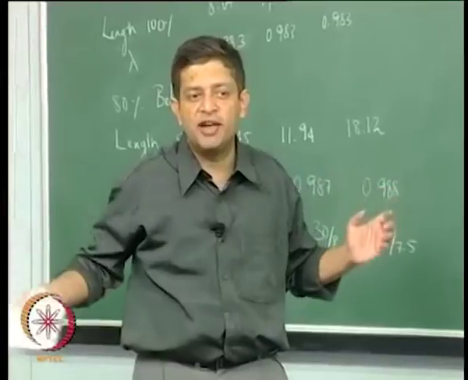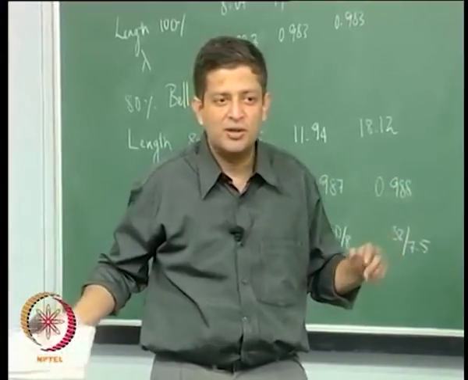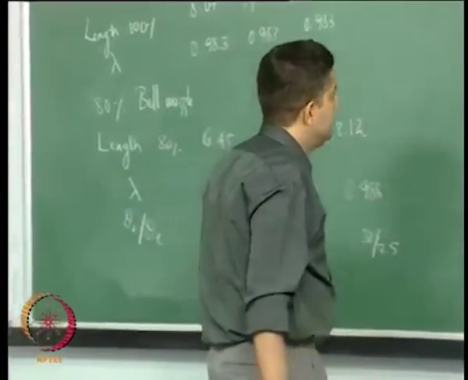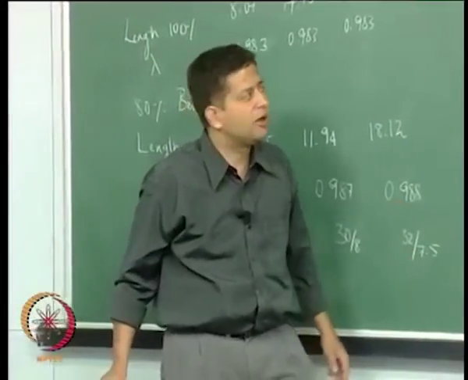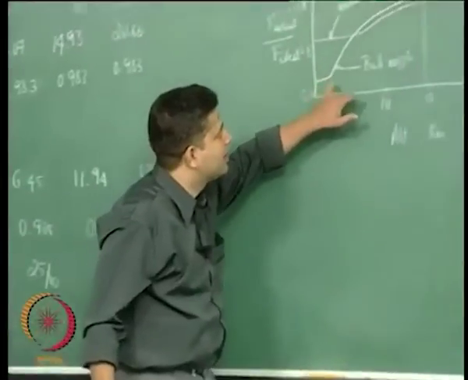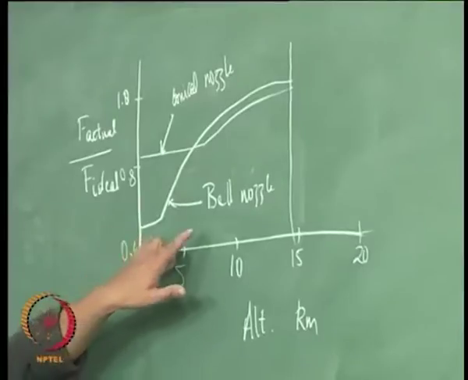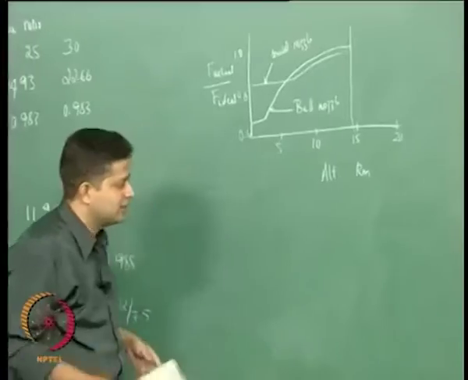So, there you would need a very large area ratio nozzle. Okay. So, there you will try to use a bell nozzle, and at lower altitudes you will use a conical nozzle. We will look at a little more in detail about why this happens in the next class.